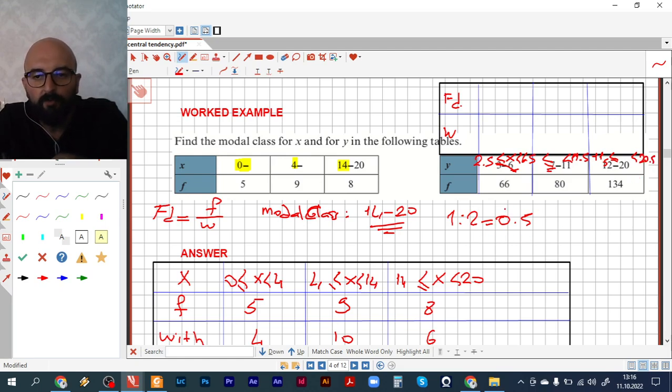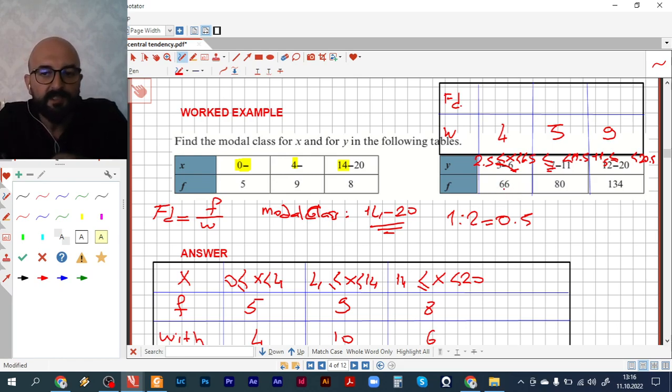Our widths are 6.5 minus 2.5, which is 4; 11.5 minus 6.5, which is 5; and 20.5 minus 11.5, which is 9. Our frequencies stay the same.